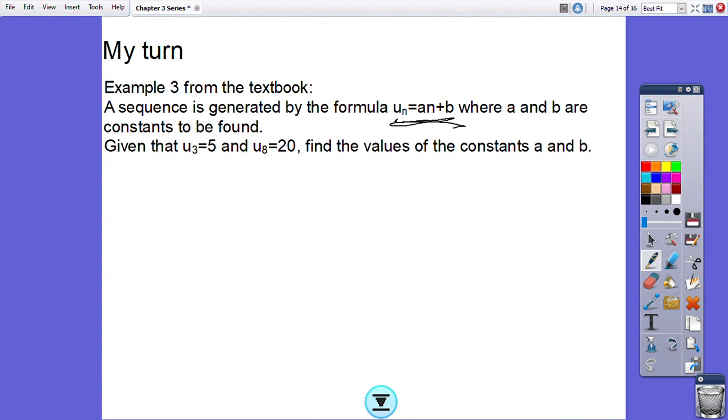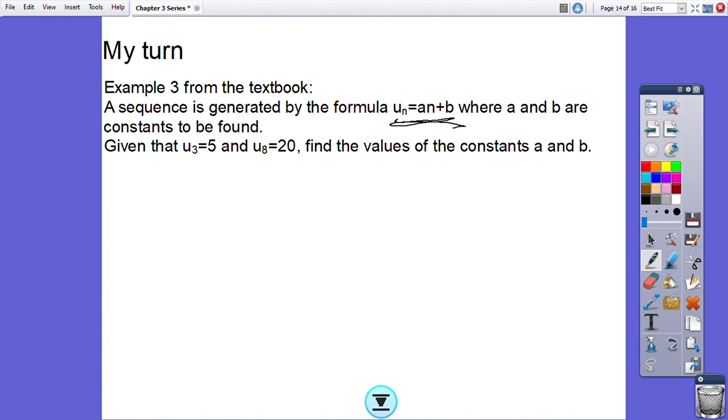So what we're going to do is sub in 3 to it first of all and set it equal to 5, sub in 8 and set it equal to 20, and then we'll have two equations, two unknowns, a pair of linear simultaneous equations, which we'll then solve, and we'll find A and B from that.